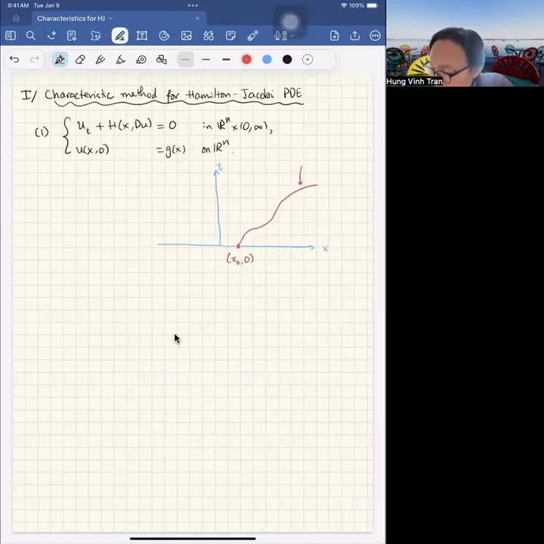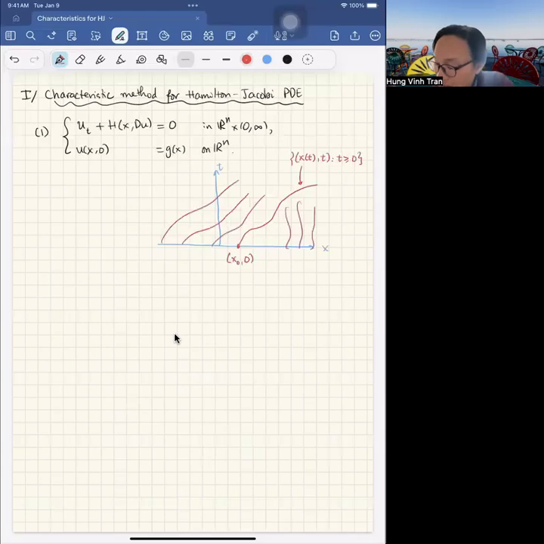In this case, the curve is x(t) for t greater than or equal to 0, and you try to solve the equation along this characteristic curve. If you can solve a system of ODEs on this curve, then you are able to determine the solution along it, and the hope is that you can do so along all these possible curves.